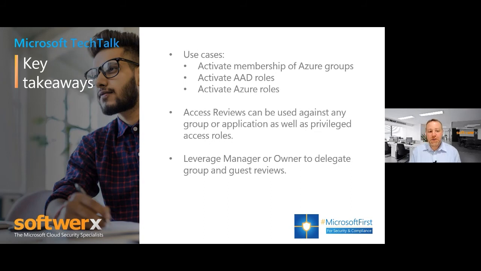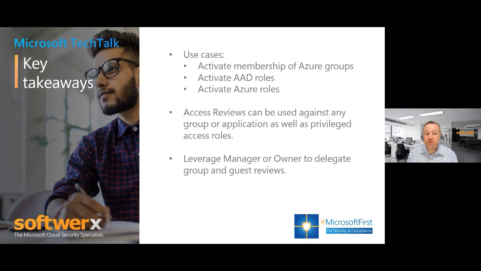Okay, I usually leave a few takeaways. So the main things to remember from all of this is privileged identity management covers your Azure administrative groups. It covers any Azure AD security groups, so you can use it for obtaining access to a security group to obtain access to other resources, and it also covers the ability to activate access to all of your Azure resource access roles.